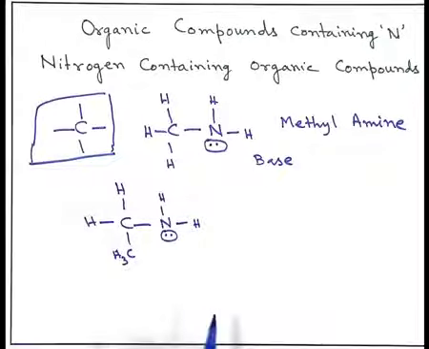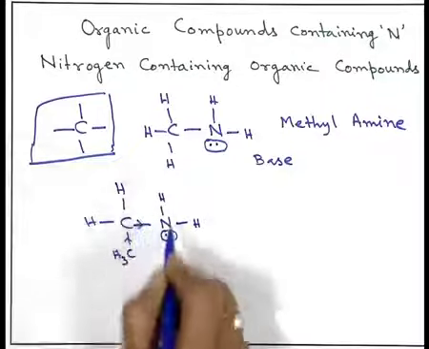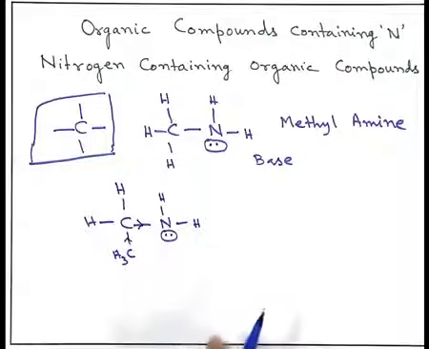This is some sort of molecular weight increase, substitution increase, by which in some way the electron density of the nitrogen atom will also increase. So, if I compare the basic character, this will be more basic than the previous one.